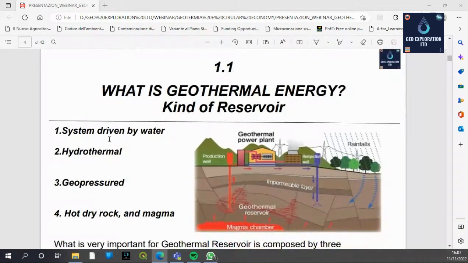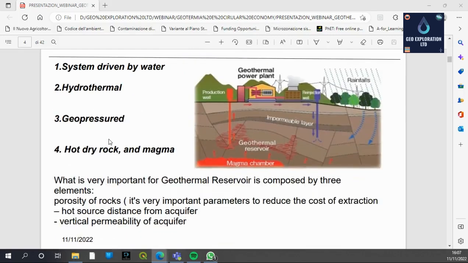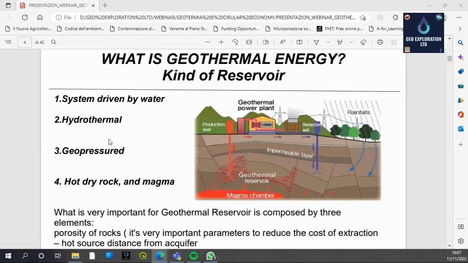So there are very different types of geothermal energy and reservoirs. One of these is the system driven by water. In fact, the type of reservoir depends on the type of rocks that constitute it.